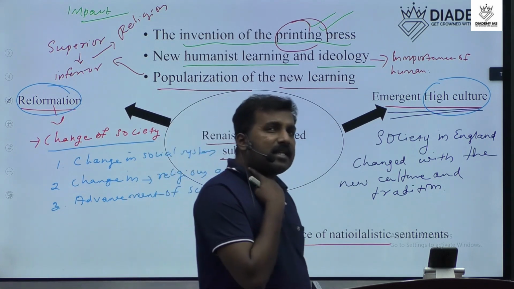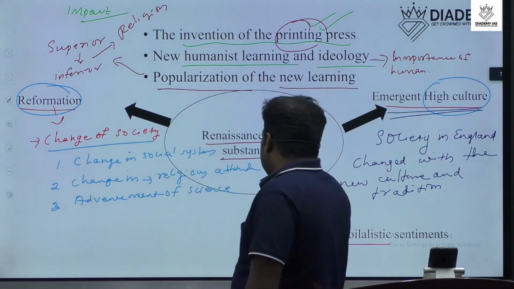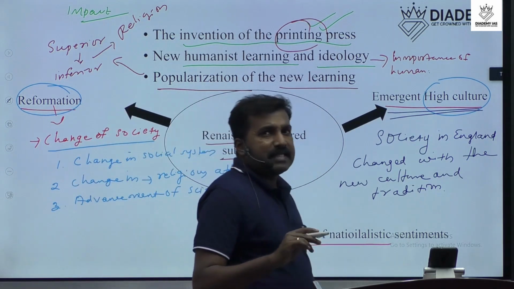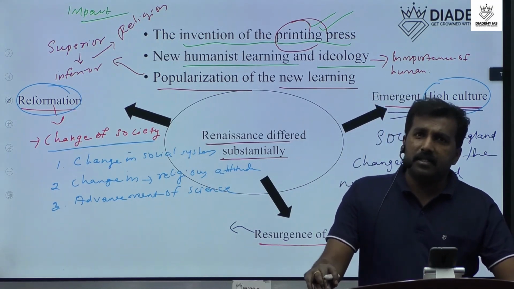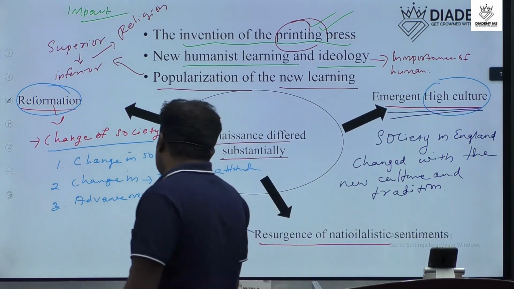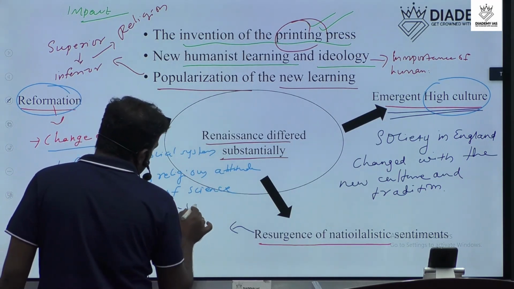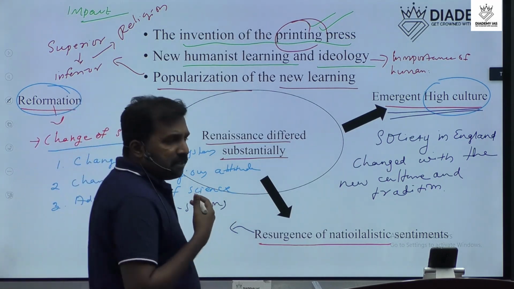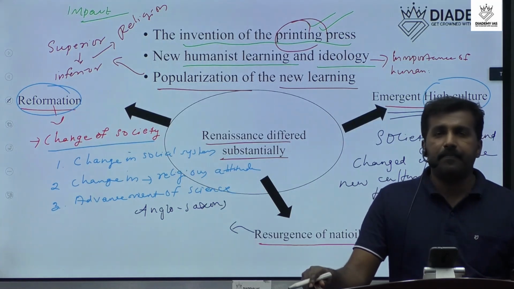What are nationalist sentiments? The people in England lived like slaves, specifically from the period of the Anglo-Saxons, and then there were a lot of invasions, specifically in the Anglo-Norman period.